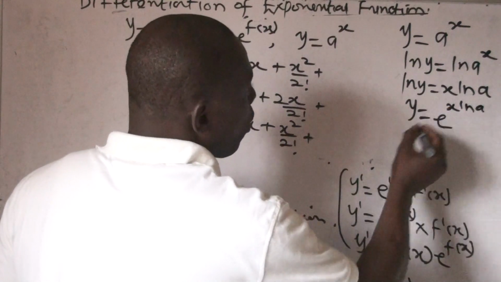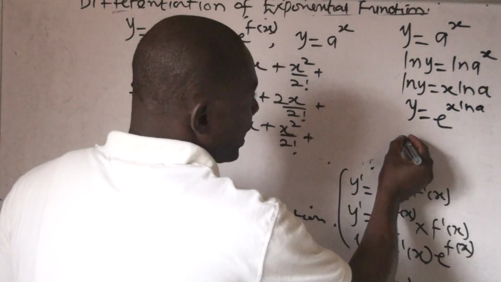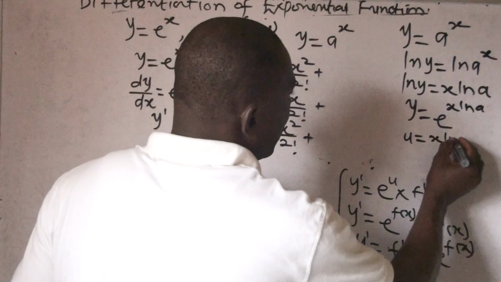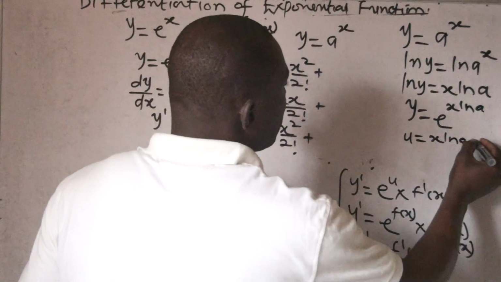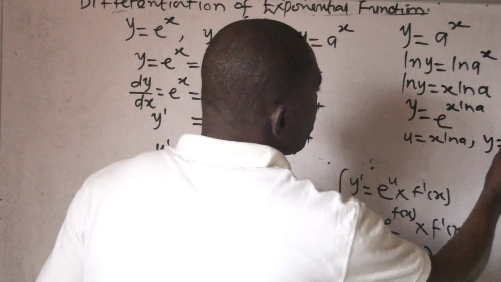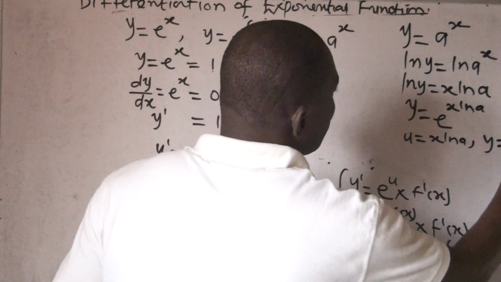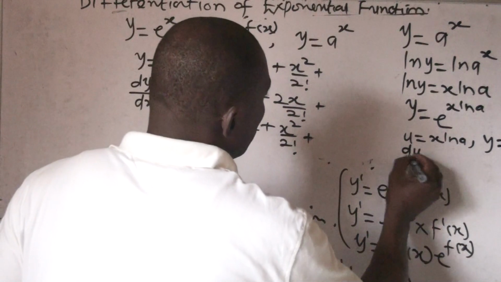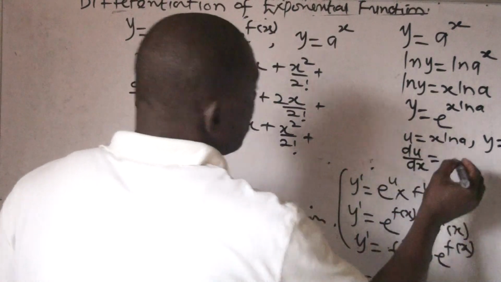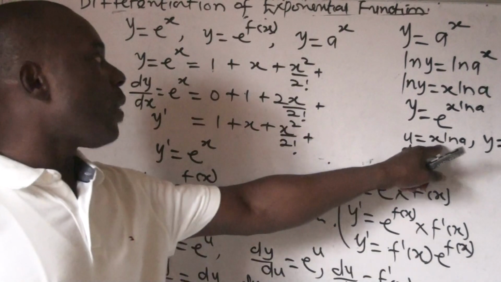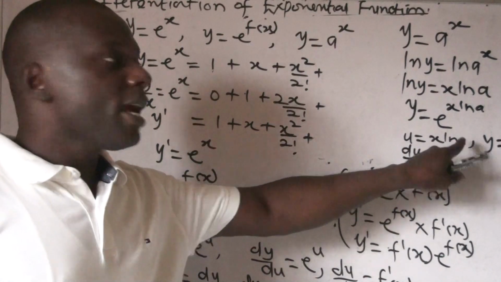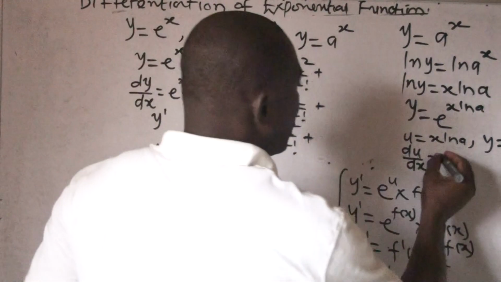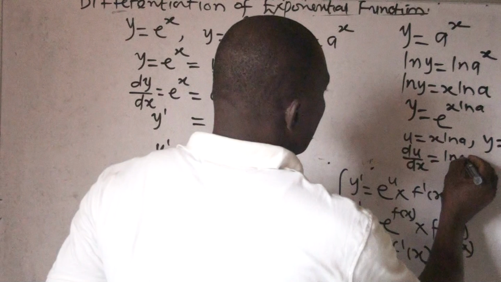Applying what we have just done, for us to obtain dy/dx, we can say that let u be equal to x ln a, so that our y is equal to e raised to the power u. Then to differentiate this, our du/dx: here this is a product, so we apply the product rule. Differentiating x gives us 1 times ln a, that is ln a.